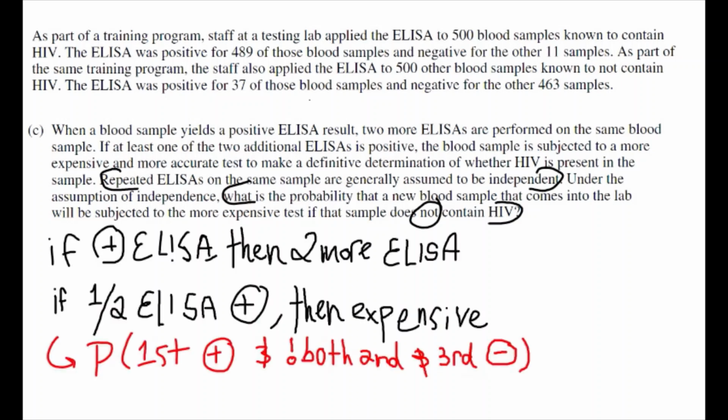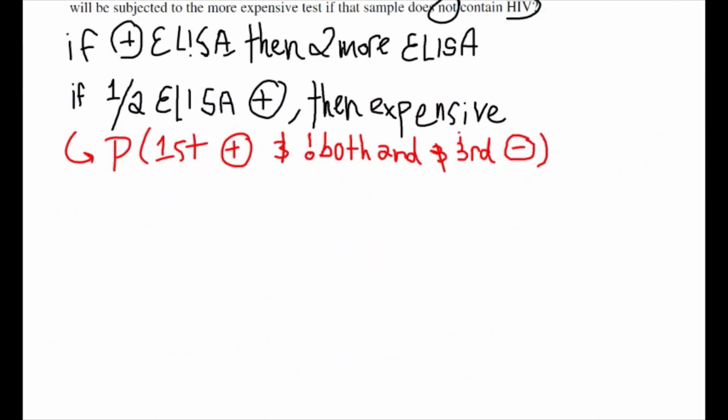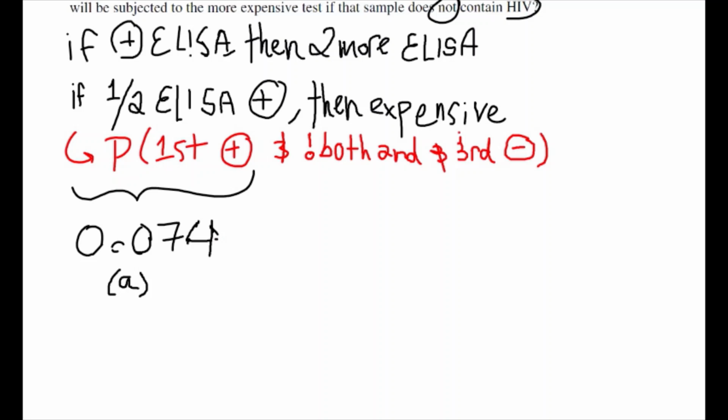This entire scenario can be written through a probability statement, where the probability that the first ELISA is positive and not both the second and third are negative. So what does this statement mean? Well, we know that the first ELISA has to be positive, and the probability of that occurring is the same probability we had gotten from part A of this question, where the probability that an ELISA is positive for a sample that does not have HIV, essentially a false positive, is 0.074.